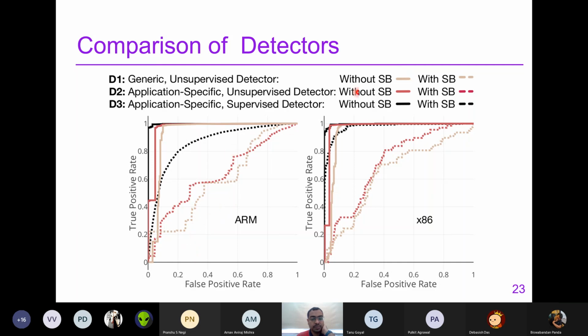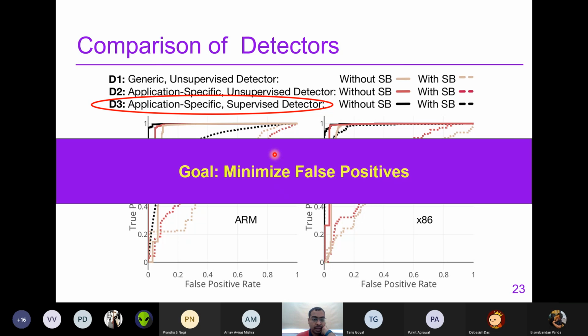For each detector, we have two characteristics: the dashed line is with Spectre benign, the harmless application included, and the solid line is without it. If we see here, in all the cases the third detector performs well, and it is advantageous to train it with Spectre benign also. So this is the preferable one. But still, in all of these, the false positives are high.